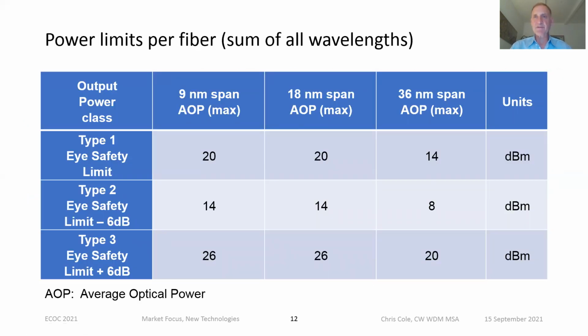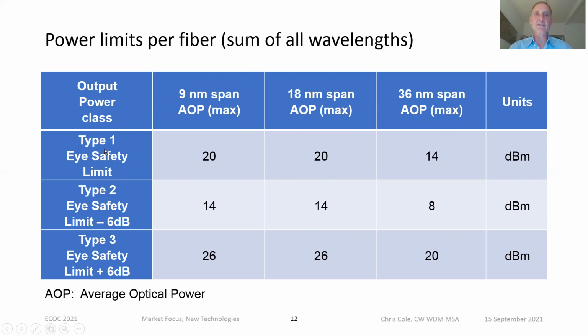There's many other specifications. Again, I encourage you to go to the website, which has the spec published. I'll only give you a couple of key specs so you get a sense for how the laser sources are defined. They're written in terms of power limits per fiber, so you sum the power in all the wavelengths.